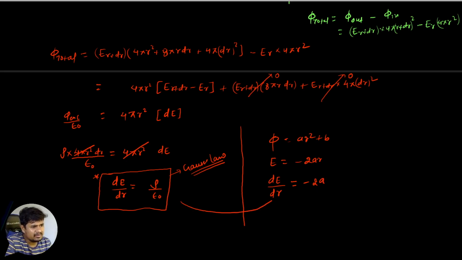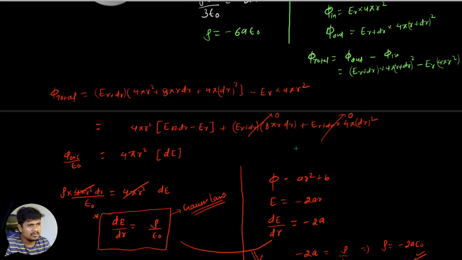If I compare these equations together, I get minus 2A equals rho by epsilon naught, and I can write rho equals minus 2 A epsilon naught. So this is the most general way to solve this problem.